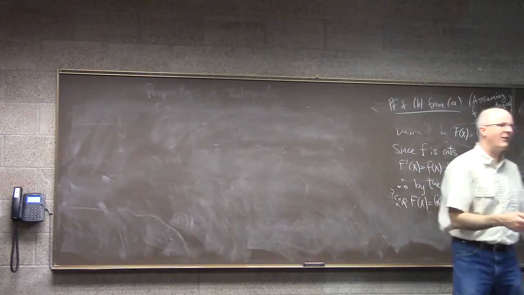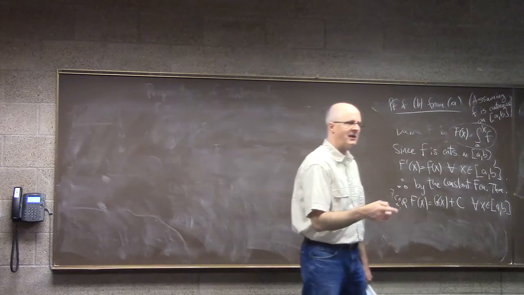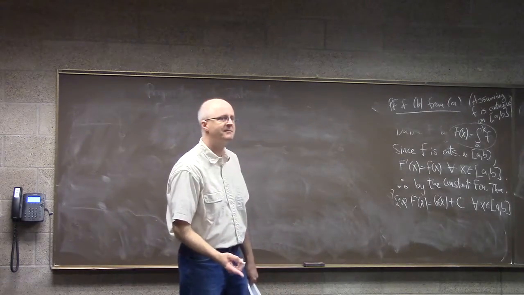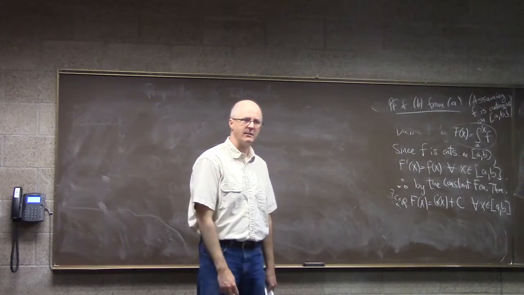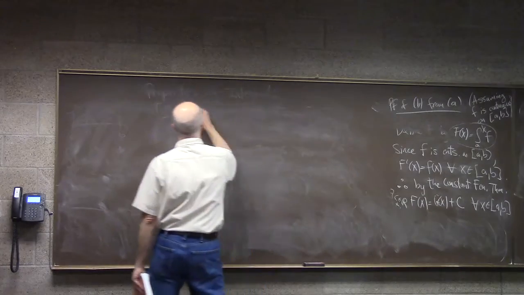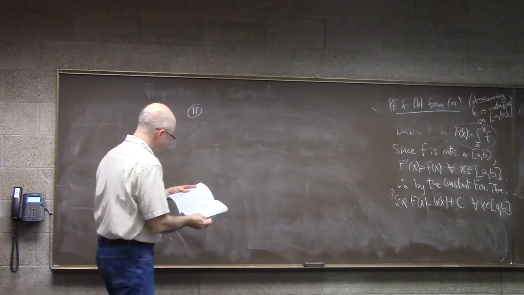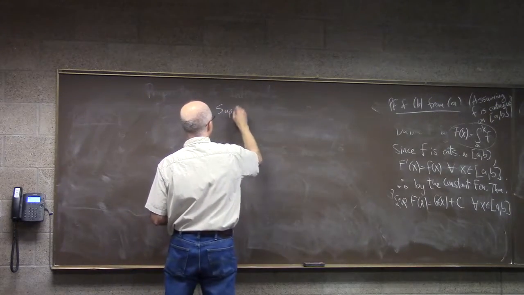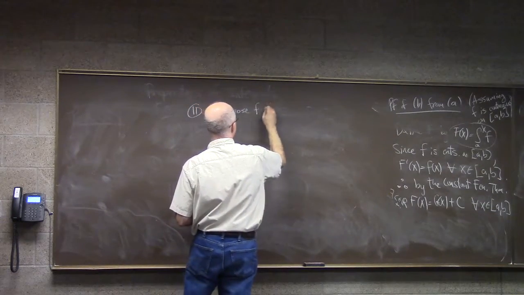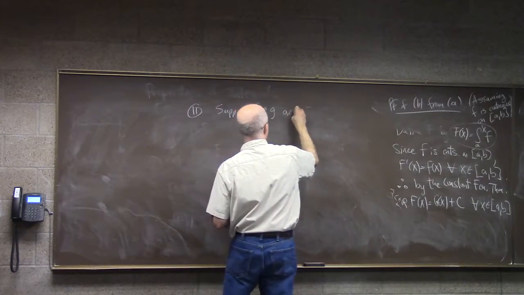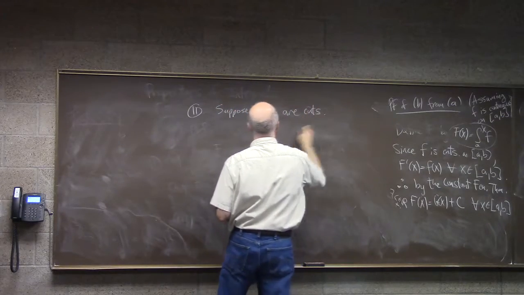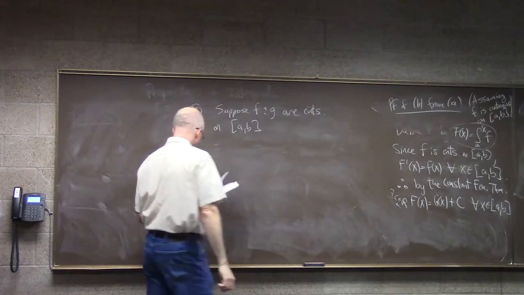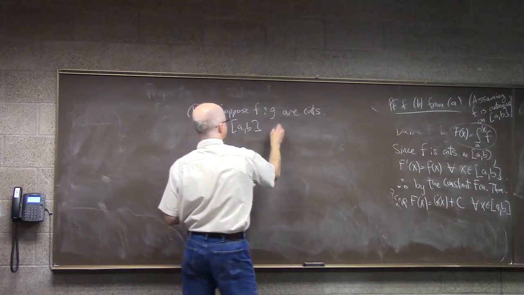Let's go ahead and do it that way. Let's look at number 11 first. We'll use number 10 to give a pretty quick proof of number 11. And then we'll spend time thinking about number 10. So number 11 says, suppose little f and little g are continuous on some closed interval from A to B, and that their integrals are the same.